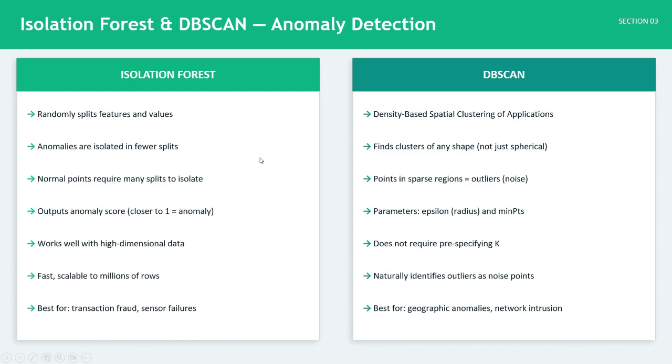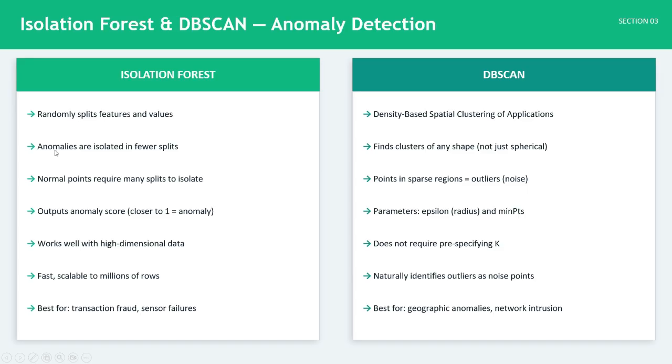So for IsoForest, we're randomly splitting features and values. And remember, when we're talking about features and values, features are data variables that go to predict a specific value. When we're separating the features and values, it's easier to find anomalous detections, removing those dependencies.